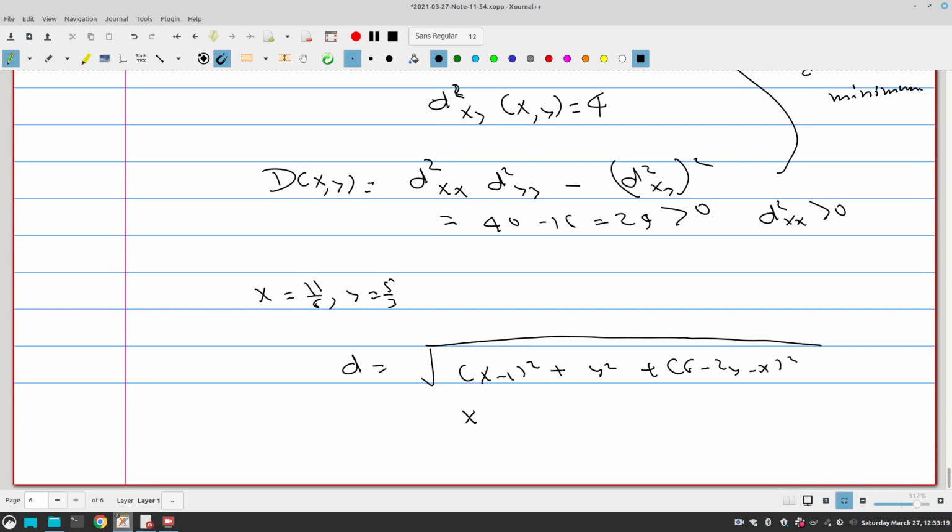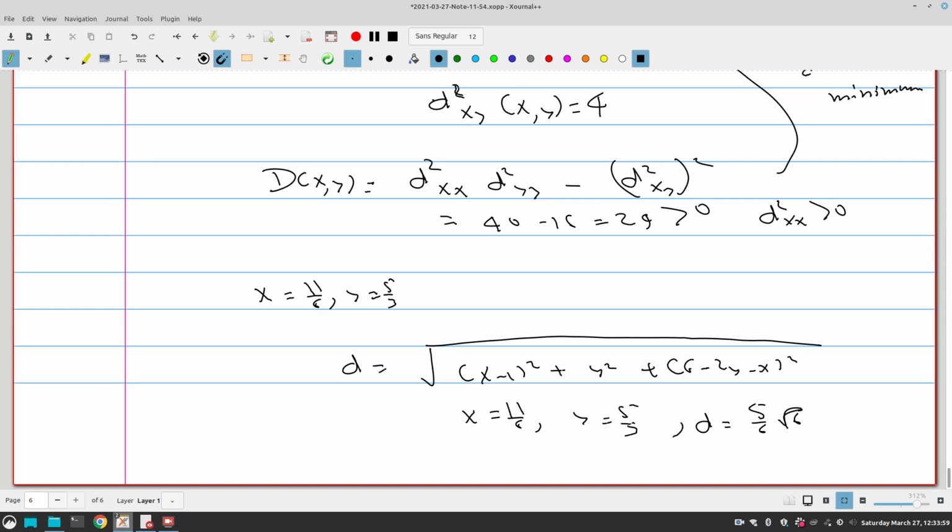Now you plug in x equals 11 by 6 and y equals 5 by 3. You get d equals 5 over 6 root 6. So that is the shortest distance from the point P to the plane given by x plus 2y plus z equals 4. So I would also advise you to look through example 6, work through it.